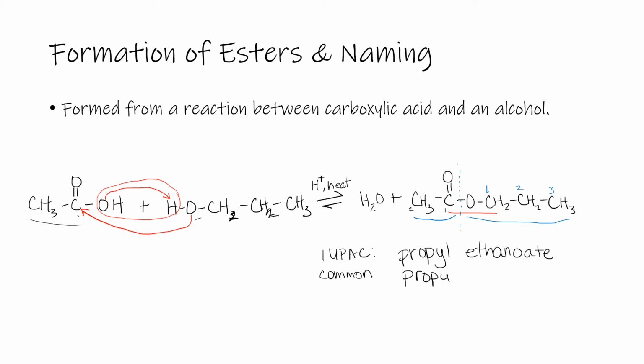So we have propyl acetate. Remember, the common name for our acid over here is acetic acid. So you drop the ic acid and just add an ATE ending to it to come up with the last name for the ester. So the name of that ester is either propyl ethanoate or propyl acetate.